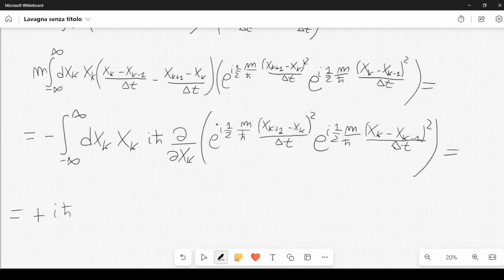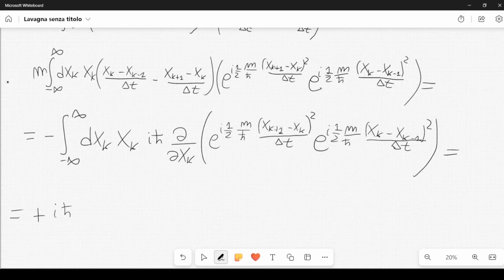For example, instead of i, you consider minus 1, because in that case you will simply have two decaying exponentials that will go to 0. But in this case, since you have this imaginary unit, these are oscillatory terms that in principle do not vanish when you calculate them at the boundary.